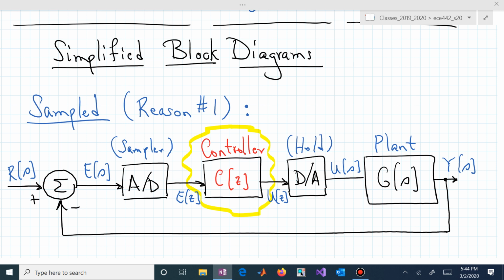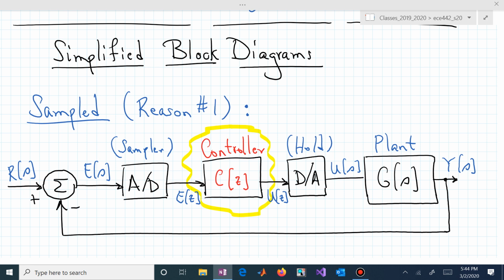We're generating an analog error, but now we need to somehow get that analog error into our controller. We need to sample it, or we need to go through an analog to digital converter. Now we have a sequence of these error signals.